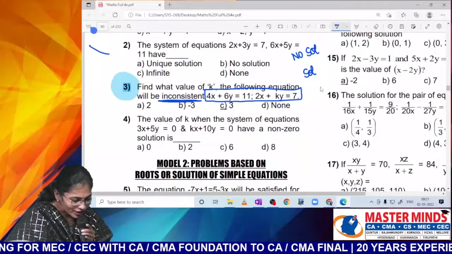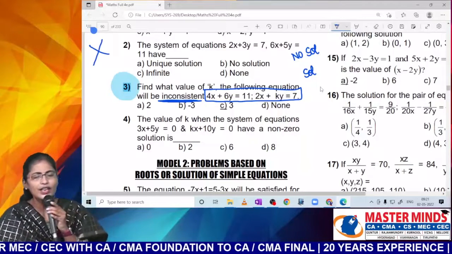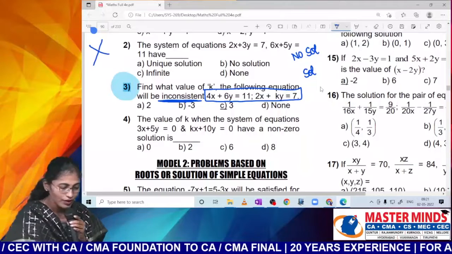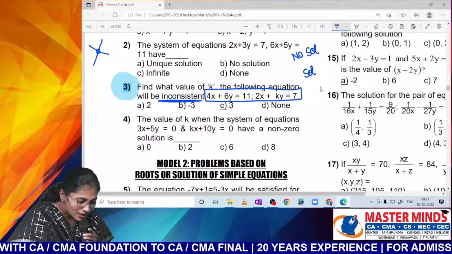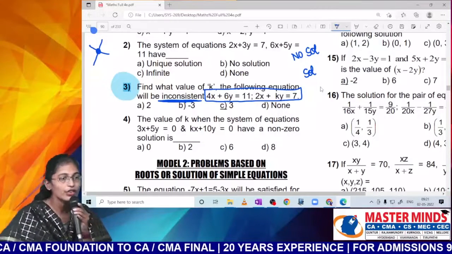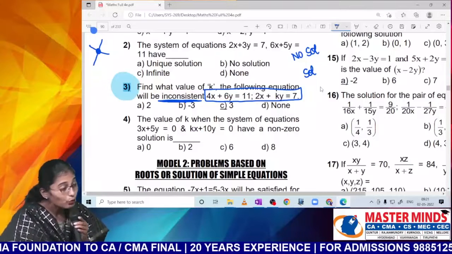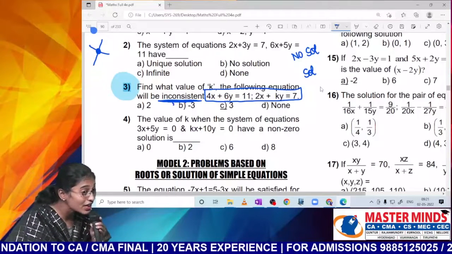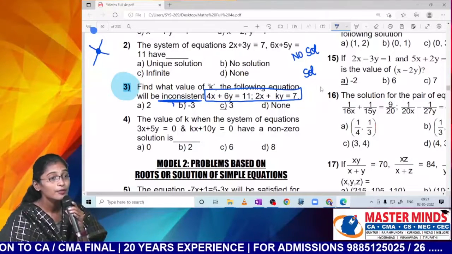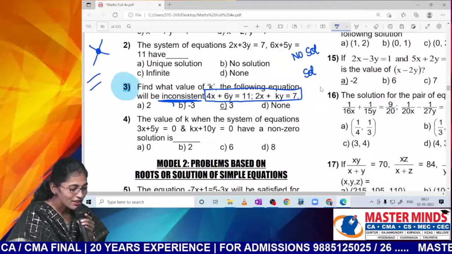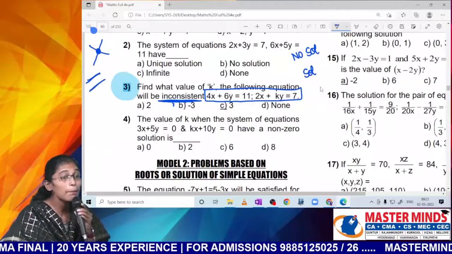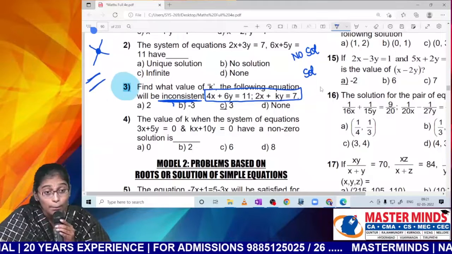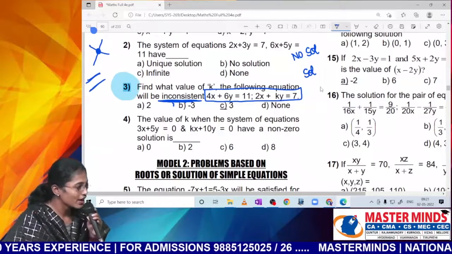Nana, look at this. Both the lines intersected at how many points? If they are intersected, it means there is a solution, and this point of intersection is the solution. But what am I trying to say? The system is consistent or inconsistent? Inconsistent means they will not intersect, means they will be parallel. Parallel means slopes are equal.